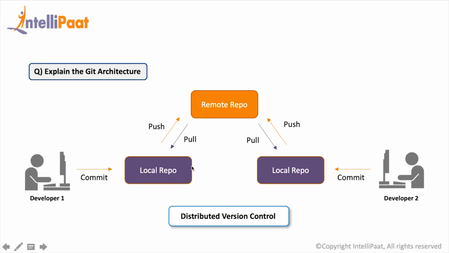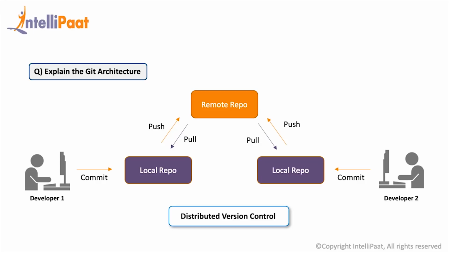Once the files have been committed, they have to be pushed to the remote repository so that it becomes visible to anyone and everyone who will pull this project the next time. This is how the whole Git architecture works. I hope you understand the working of Git and what exactly the architecture of Git is.